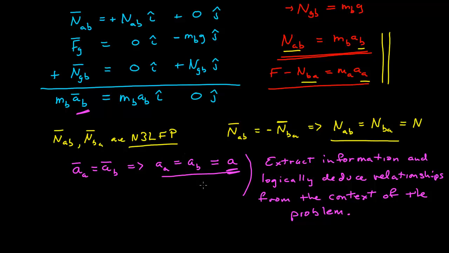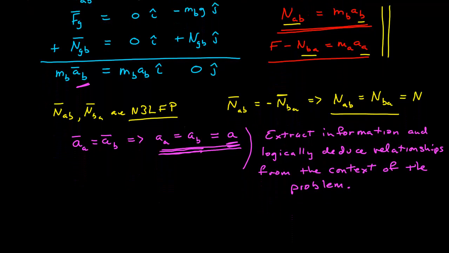You can have objects that interact with each other where their accelerations are different, but you can still determine the relationships between the accelerations of the separate objects from the context of the problem. And so this is an important step you have to take. So in this case, we find that the accelerations are equal in magnitude and direction.